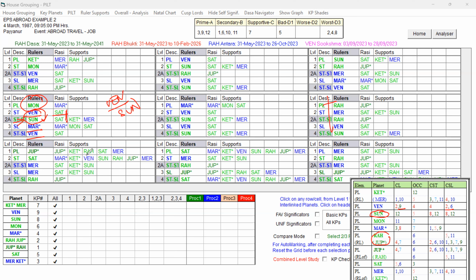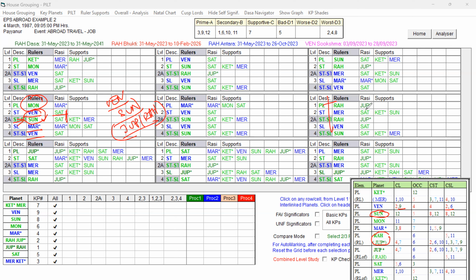These two are the strong favorable key planets, and Venus and Sun, and Jupiter or Rahu, which are not present directly, should also be there in the Bhukti Lord. So the Bhukti Lord should be the strongest one to make the native travel abroad during that Moon Mahadasa: a good Bhukti with these key planets Venus and Sun, and Jupiter and Rahu should also be there. Why Jupiter and Rahu? Jupiter and Rahu are strong favorable key planets. They are not directly playing a role, but the other favorable key planets are playing, making Moon supportive for the event. So we need these key planets.